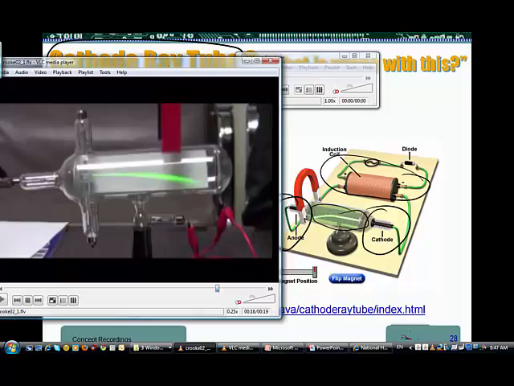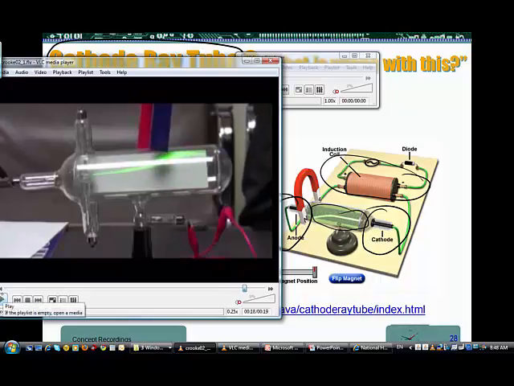As you notice, when the North Pole is towards us, the electron beam is bent downwards. Now let it continue playing. Notice when we have the reverse, it's not very visible, but the electron beam is bent upwards when the South Pole is towards us.